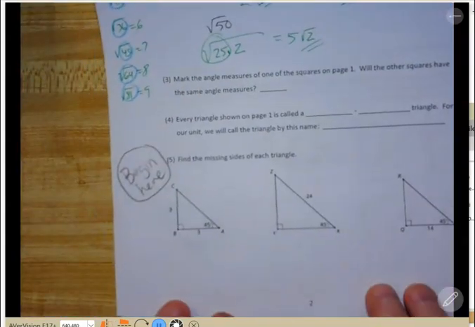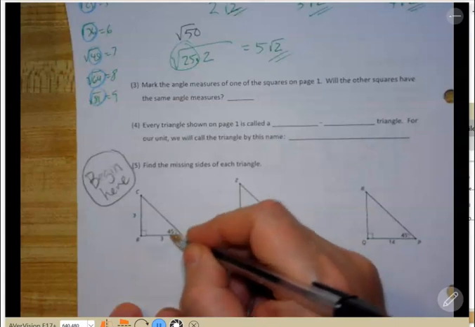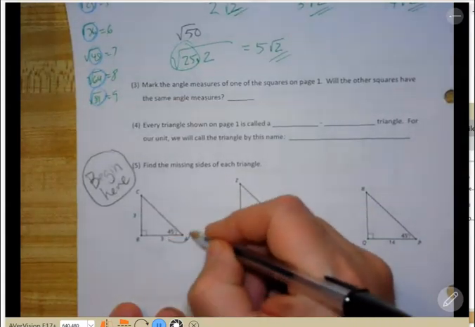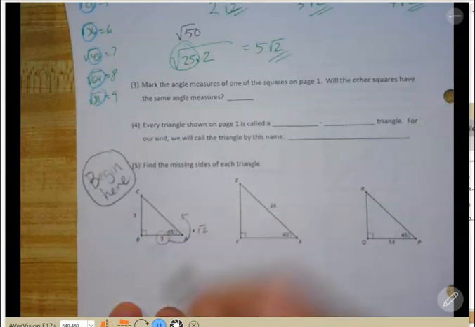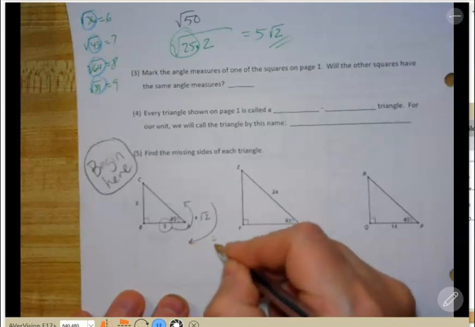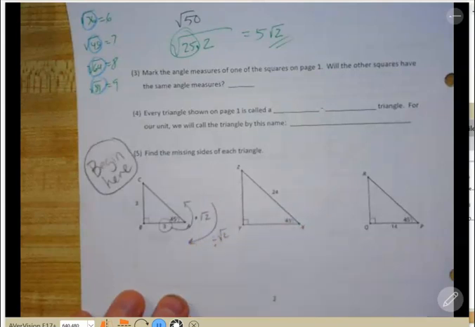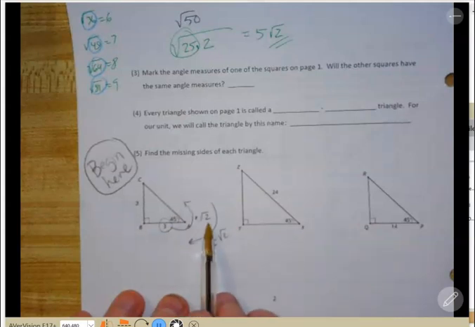I'm jumping to problem 5 because of time. So if I want to go from here to the hypotenuse, basically I'm taking this number and I'm multiplying it by the square root of 2. If I'm going the other direction, I will be dividing by the square root of 2. So going from a leg to hypotenuse, I'm either multiplying by root 2 or dividing by root 2.